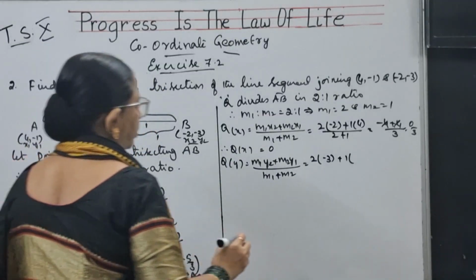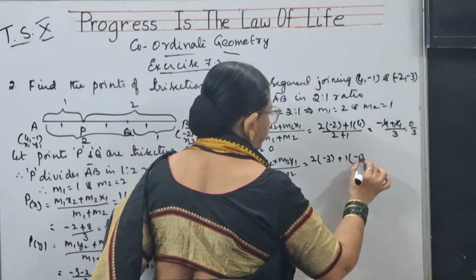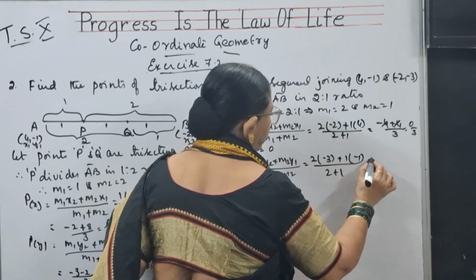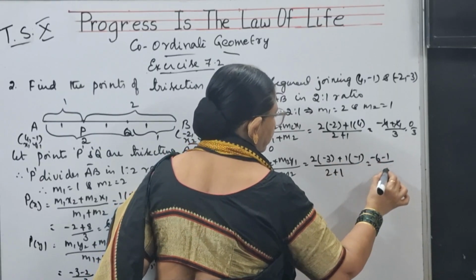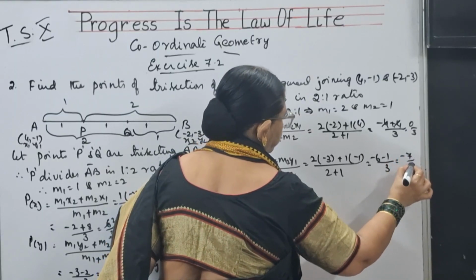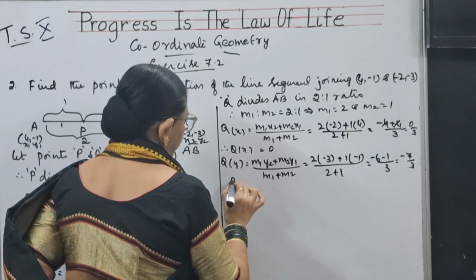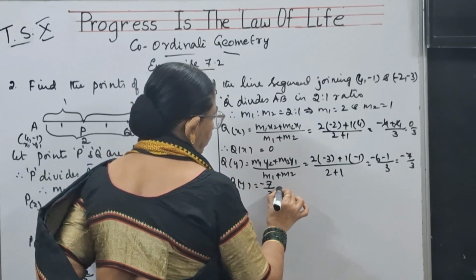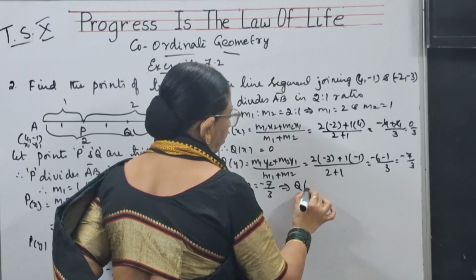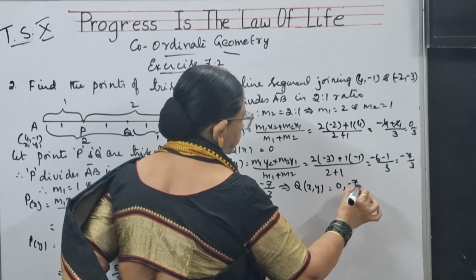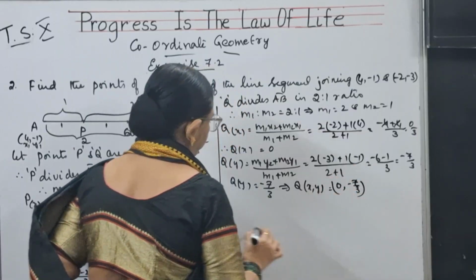Y1 is minus 1, by 2 plus 1. That is equal to minus 6 minus 1 by 3. That is equal to minus 7 by 3. So Q of Y is equal to minus 7 by 3. This implies Q of X comma Y is equal to 0 comma minus 7 by 3.